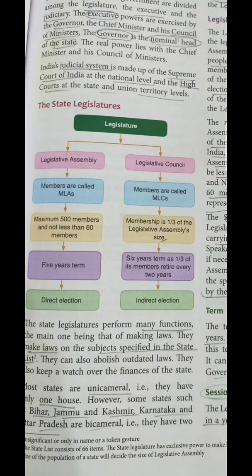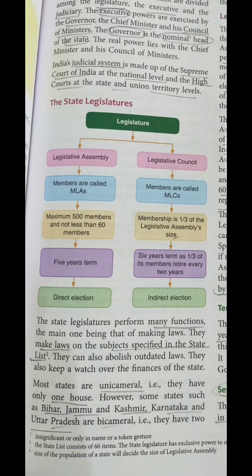Okay, so how is the system going on, you just check out from this table. The state legislature is further divided into two parts, the legislative assembly and the legislative council. The legislative assembly consists of members known as MLAs, and the legislative council consists of members known as MLCs.